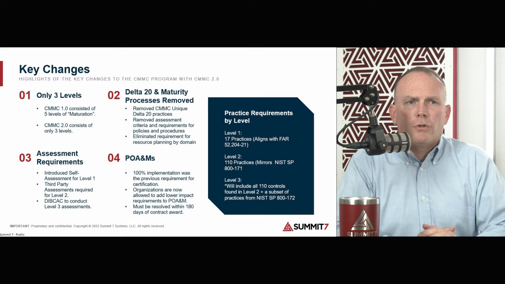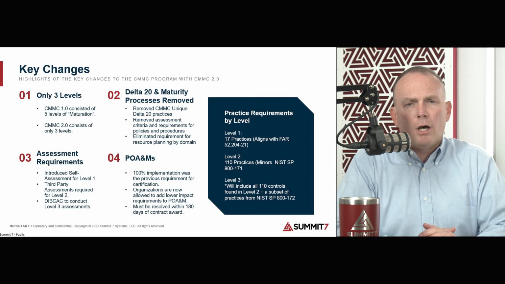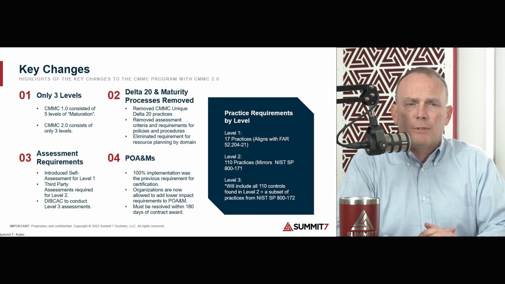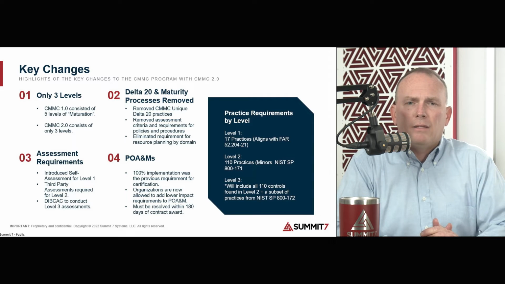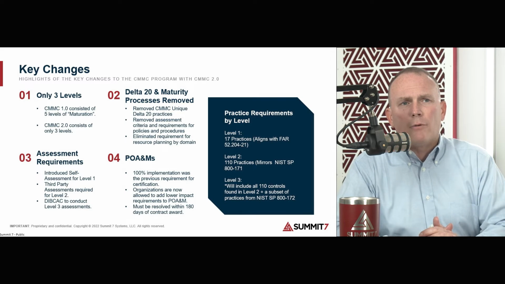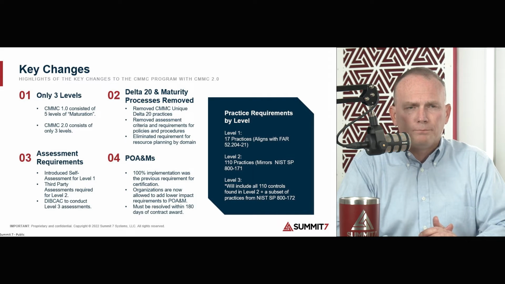Those 1-point controls are the only ones that can be POAM'd, and they must be resolved within 180 days of your assessment. These are not POAMs like we were talking about back in the original 7012 days, where POAMs could last for many months or even years. People were holding on to POAMs for years in some cases. These POAMs will have to be closed out within 180 days of your contract award. Okay?